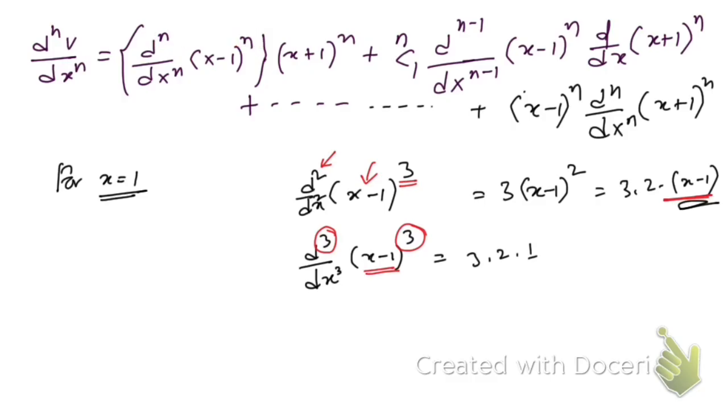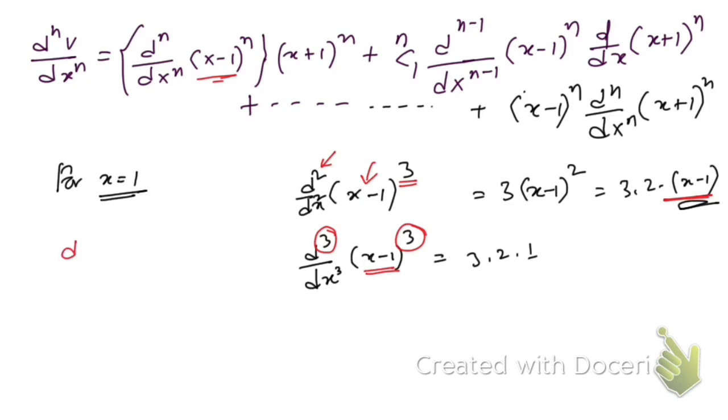So if you differentiate it n times, you're going to get n into n minus 1 into ... and so on, and at the end you're going to get 1, but that result will not contain (x minus 1). So on putting x equal to 1, it's going to be 2 to the power n.